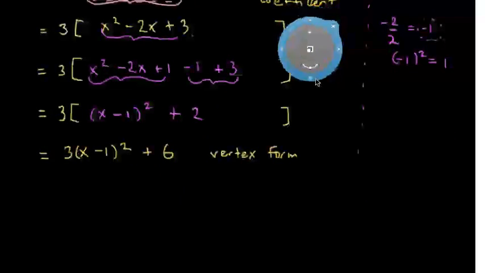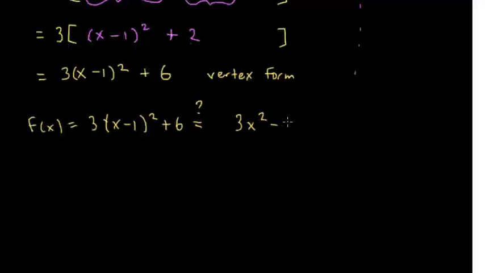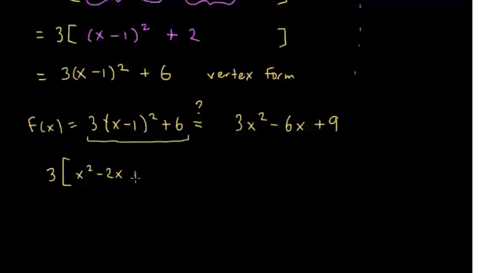So let's check and make sure that we did this correctly. If I've written it correctly, then f of x equals 3 times a quantity x minus 1 squared plus 6 should be the exact same with what I started, which remember was 3x squared minus 6x plus 9. So let's just figure that out. Let's multiply this thing out. Well, the first thing is to square out the x minus 1 squared, which is x squared minus 2x plus 1.